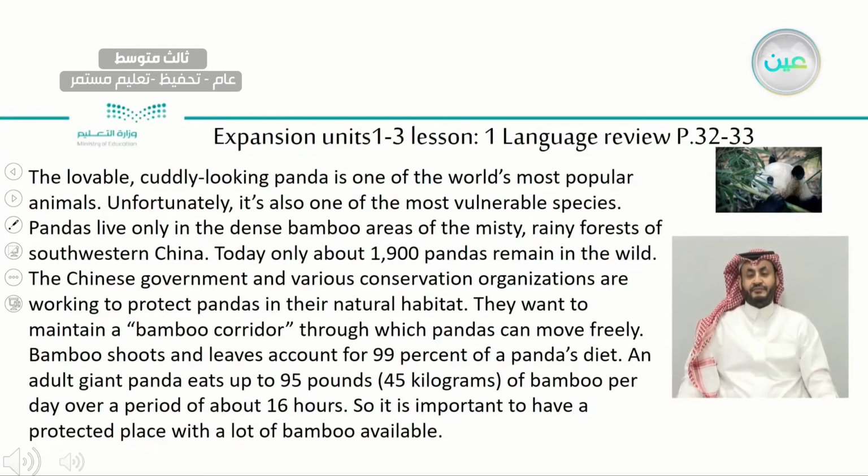They want to maintain a bamboo corridor through which pandas can move freely. Bamboo shoots and leaves account for 99% of a panda's diet. An adult giant panda eats up to 95 pounds, 45 kilograms, of bamboo per day over a period of about 16 hours. So it is important to have a protected place with a lot of bamboo available.